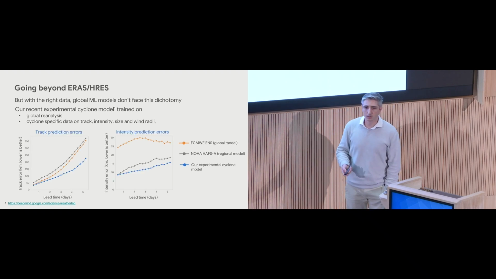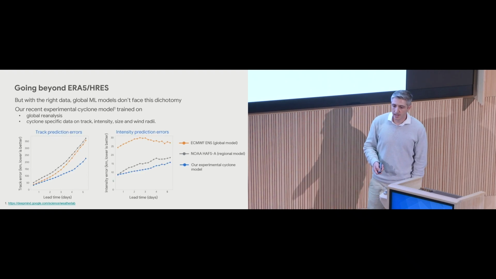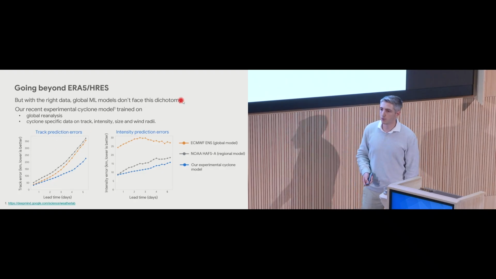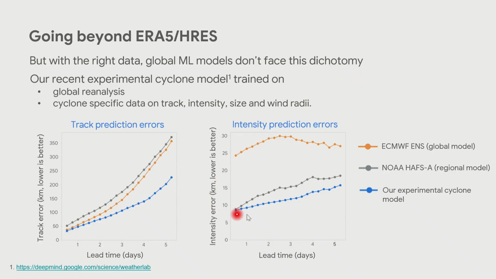And so here are two plots showing some of the headline results. The left plot is track error, and the right plot is intensity error. Again, lead time, your forecast horizon, is on the x-axis, and track error, intensity error is the y-axis in both cases. So we've got the gray model, which is these regional high-resolution models, and the orange model is the global ENS model, the state-of-the-art track prediction model.